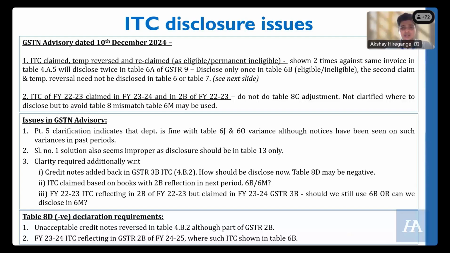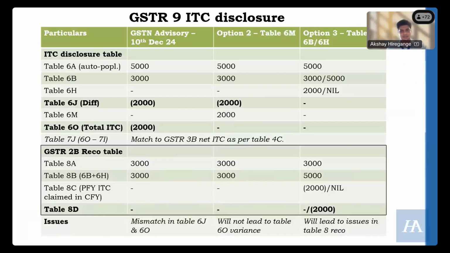Additionally, other documents also can be uploaded, which could be the 8D negative declaration. This is a proactive approach. Whether it is mandated by law, no, it is not mandated, but it is one of the best practices to avoid unnecessary questions and prove to the department that you have given all the information which you have.